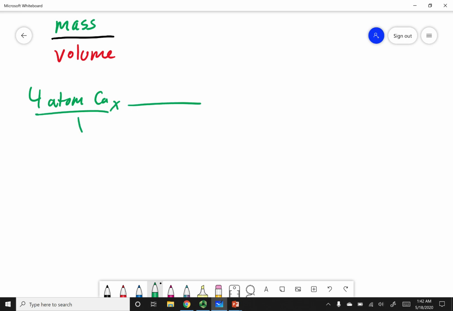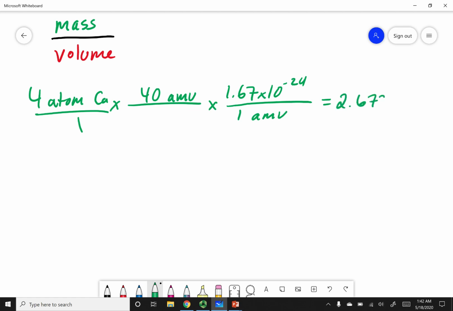Now, each one of these calcium atoms weighs 40 AMU, and what I gave you was a conversion: 1.67 times 10 to the negative 24th grams equals 1 AMU. And so I can get the mass inside my unit cell of those 4 atoms, and that happens to be 2.672 times 10 to the negative 22 grams.